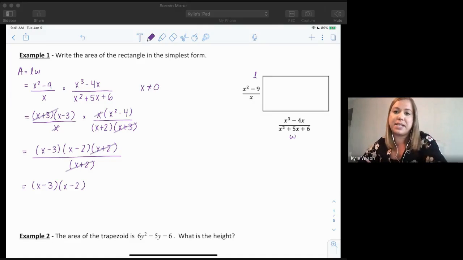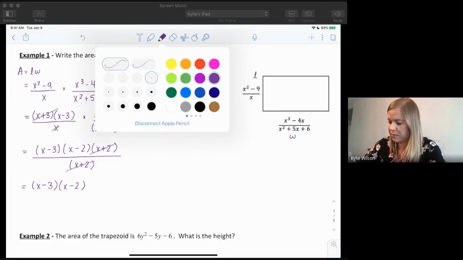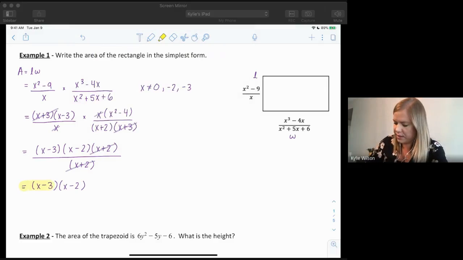Now, the last thing we need to do is go through and make sure we have all of our restrictions. So from over here, I also have that x cannot equal -2 or -3. So there are all of our restrictions. And then, because this is a word problem, because I have words in my question, I also need to have words in my answer.